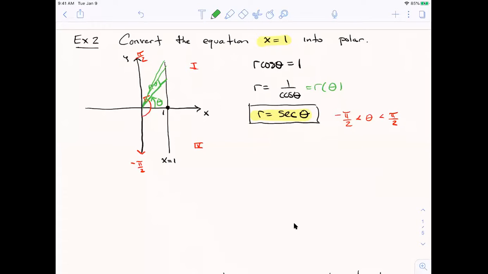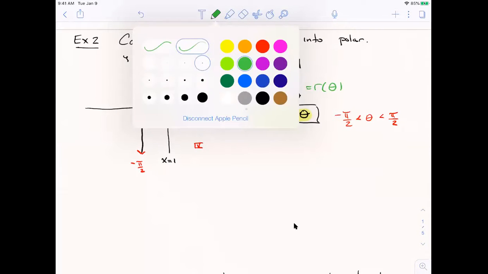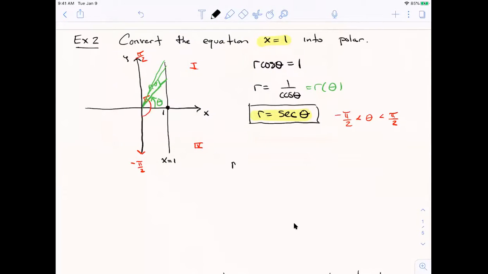We'll go back to the Mathematica notebook, but before we do, let me say that this can also be generalized. If you take an equation like x equals a, some constant value of a, then in polar form, if you go through the same manipulations, you get that r is equal to a times the secant of theta.